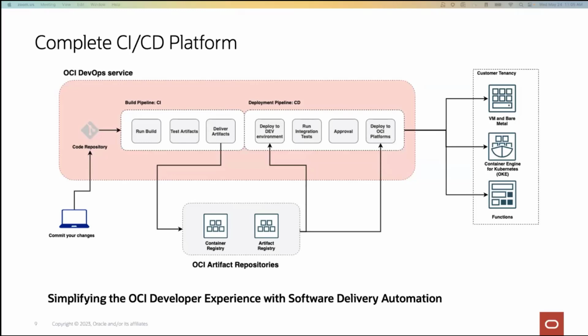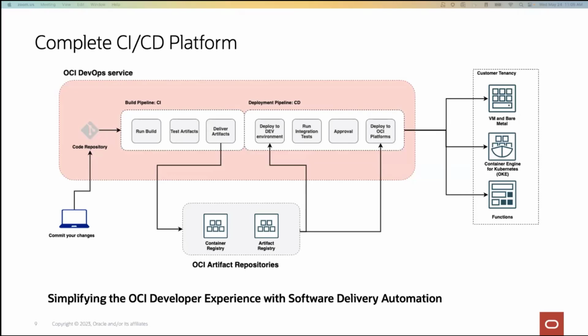So let's say we have a scenario. I'm a developer, right? So I'm able to commit code changes. Whenever I commit the code changes, they get committed to the GitHub repository. We have the GitHub repository within the OCI platform itself, or you could also leverage your own GitHub repository. So let's say you have an ID within github.com. You could use the same ID and the same repository within the OCI platform.